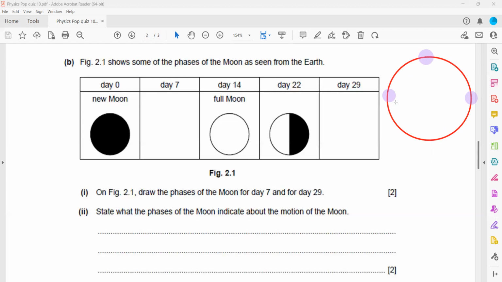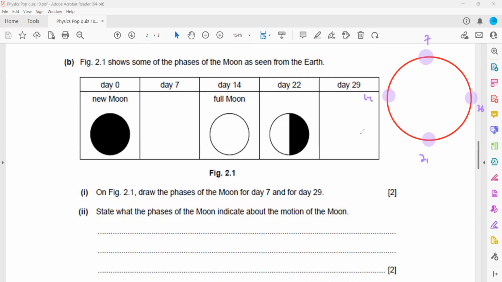Then we will have a full moon here at this point, like day 14. Then we will have the third quarter, and then again we'll have a new moon. So this will be 7 days, this will be 14 days, this will be 21 and 28 days. It will be about like a new moon, or you can say we don't see a moon.